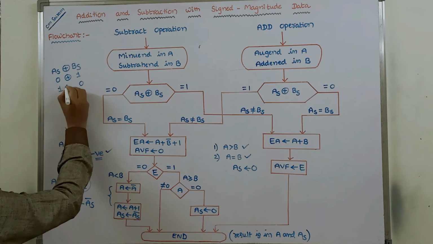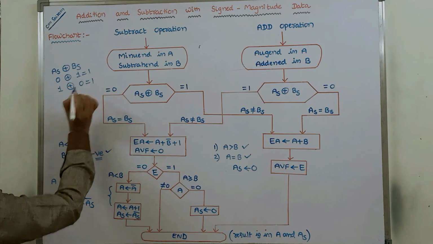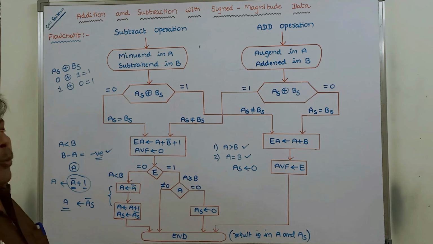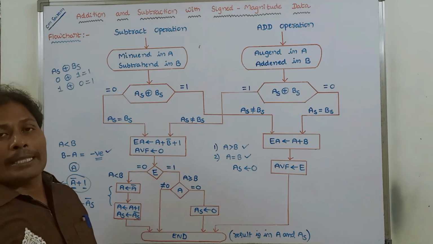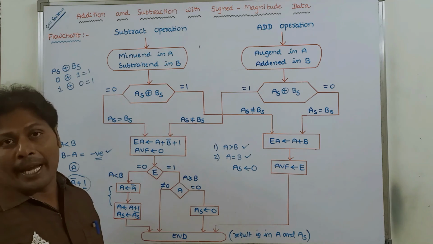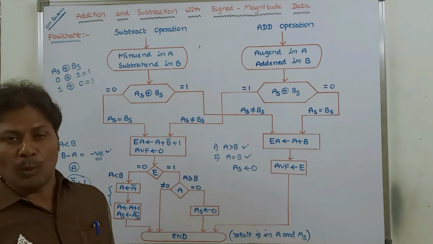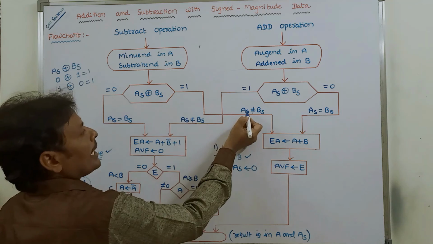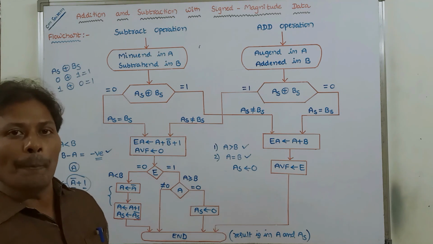When we perform the exclusive OR operation, we get the result as 1. So, after performing the exclusive OR operation between the sign bits of A and B, the output of the exclusive OR gate is 1. That means both sign bits are different, that is AS not equal to BS.